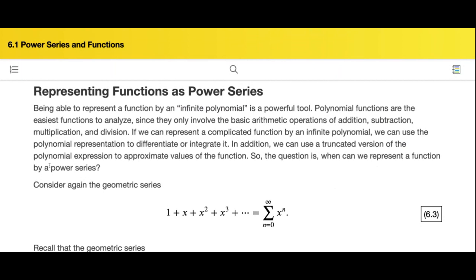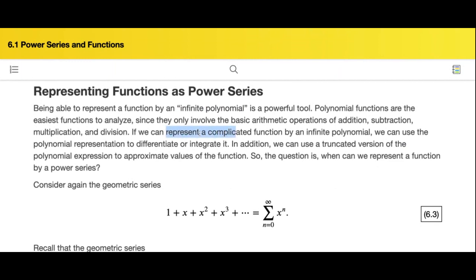Polynomial functions are the easiest functions to analyze, since they only involve the basic arithmetic operations of addition, subtraction, multiplication, and division. If we can represent a complicated function by an infinite polynomial, we can use the polynomial representation to differentiate or integrate.